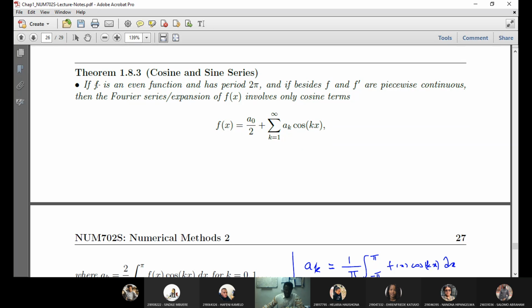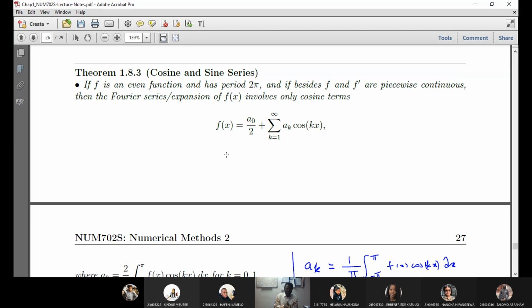If the function we are expanding, f, is an even function and has period 2 pi, and besides f and f prime are piecewise continuous, that's about the convergence, then the Fourier expansion of f involves only cosine terms.